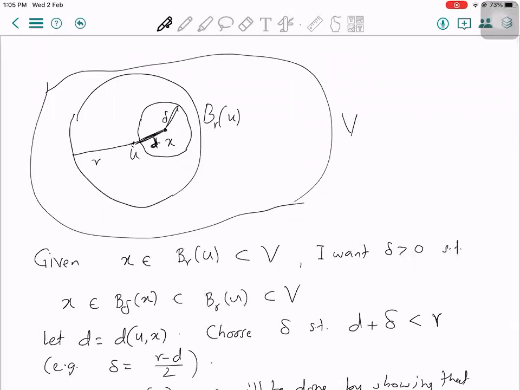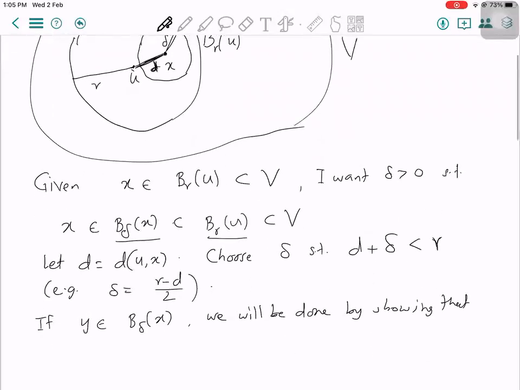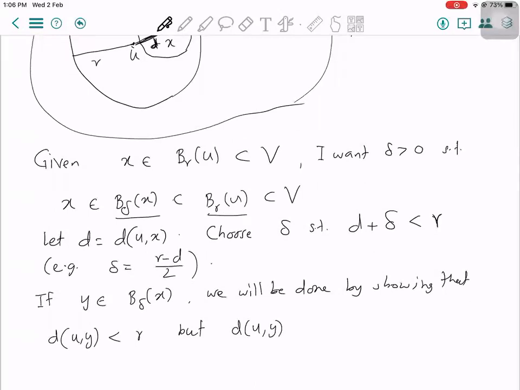Remember, what I want is that anything in this ball is also in this ball. So what do I need to show? I need to show that the distance between U and Y is strictly less than R. But distance between U and Y is, come on, now just complete this.